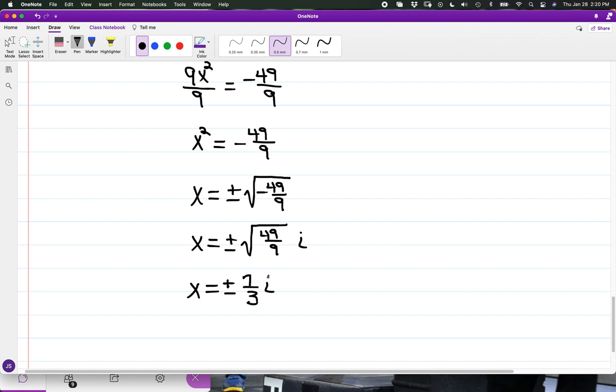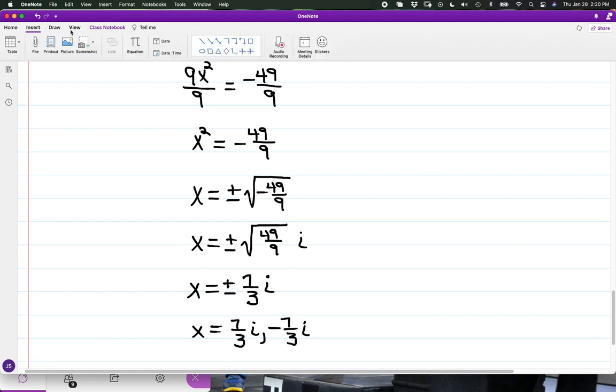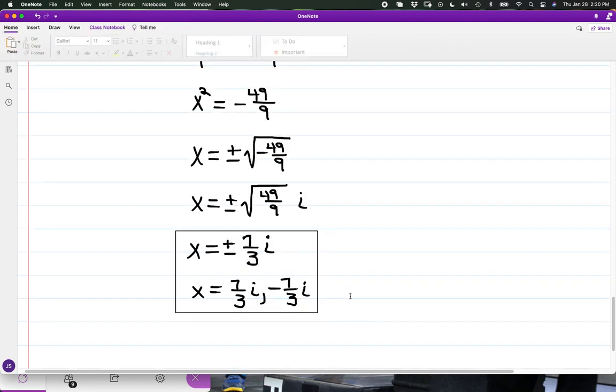So we have yet another two complex solutions with positive and negative 7/3 of i. So again, we had yet another equation leading up to complex roots in the solution.